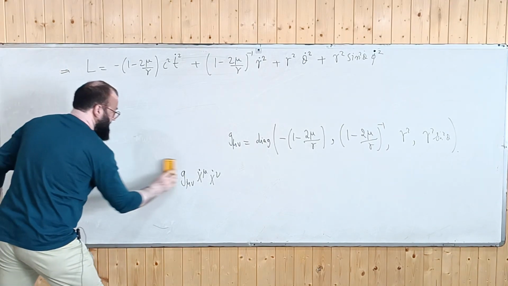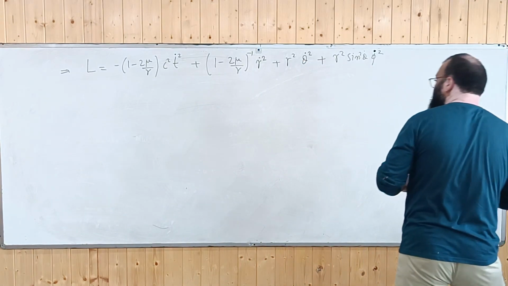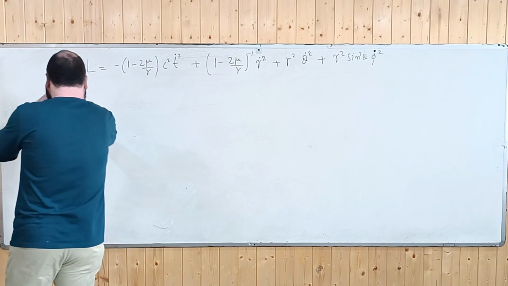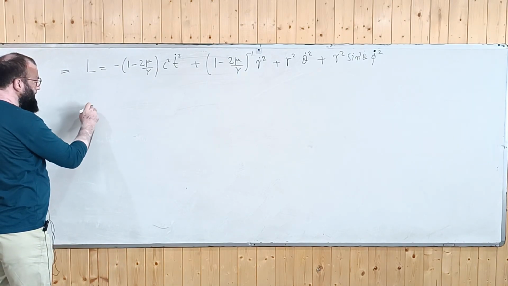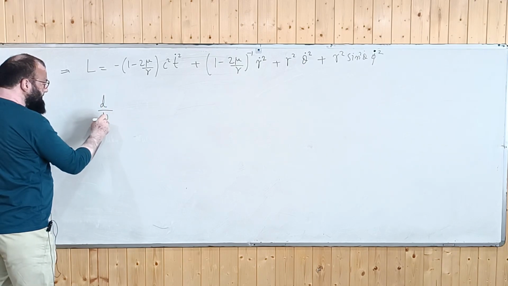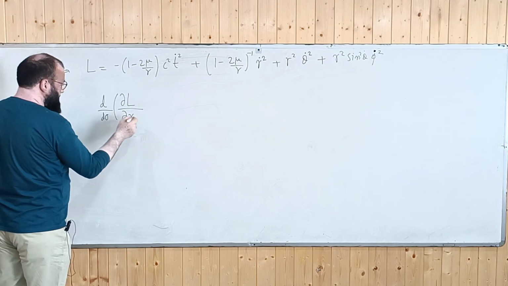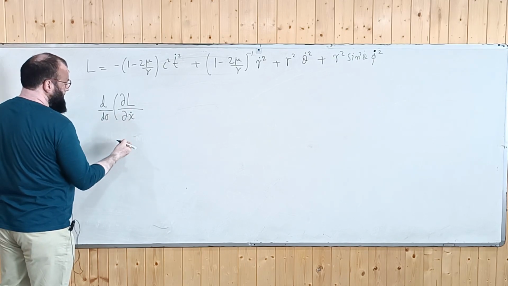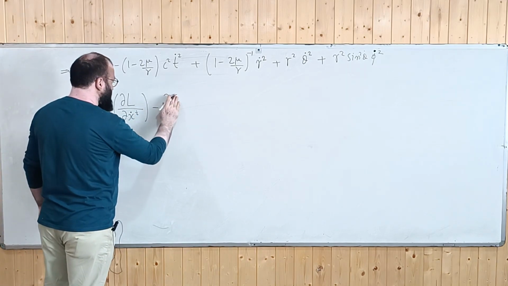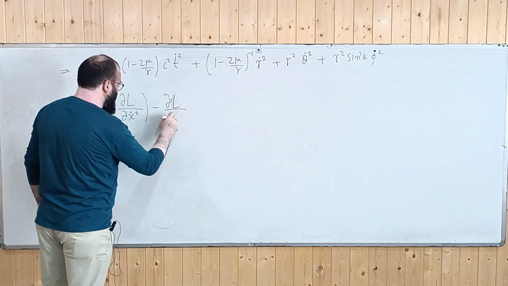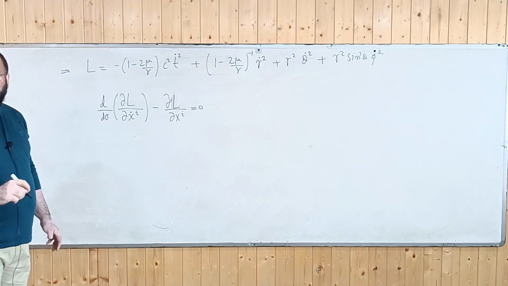Okay, so let's now try to figure out the equations of motion. What is our Euler-Lagrange equation? d by d sigma of partial L by partial x dot i minus partial L by partial x i equals 0. Is it true?